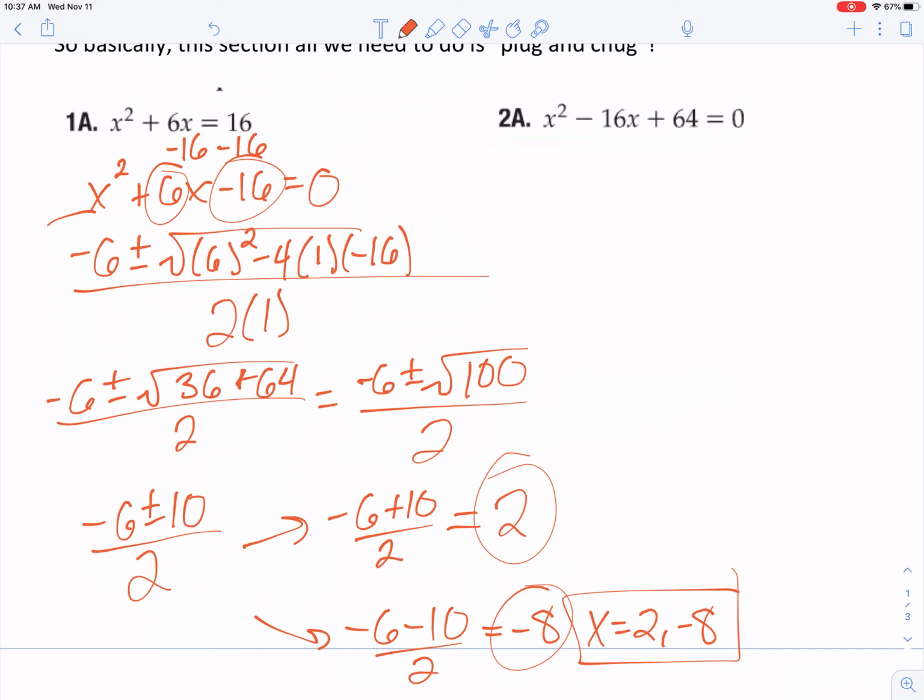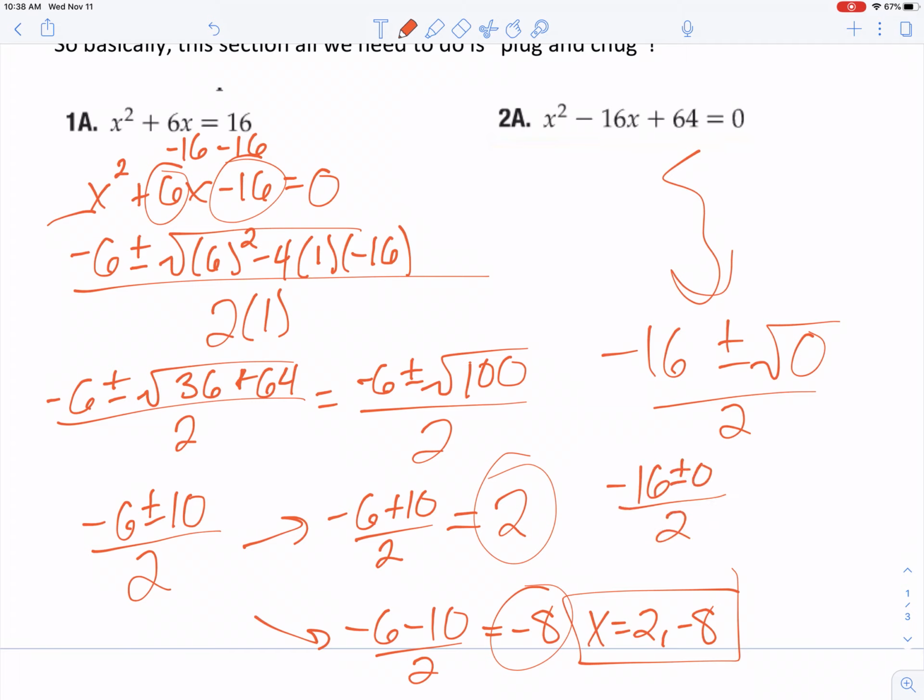Without necessarily doing a bunch more examples and wasting your time, one thing I want you to know is, like on this example, you're going to do a whole bunch of work, and you're going to end up at a point that says negative 16 plus or minus the square root of 0 over 2. Well, the square root of 0 is just 0, right? So you end up with negative 16 plus or minus 0 over 2. It doesn't matter if you do negative 16 plus 0 or negative 16 minus 0.